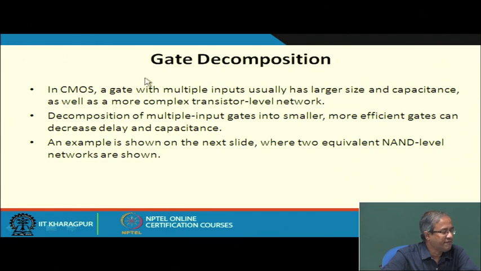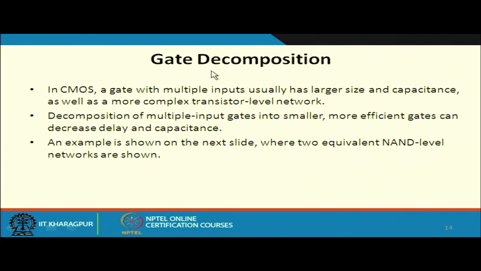One is, of course, if you divide into smaller gates, maybe the overall delay will become less, and also for a larger gate your MOS level, transistor level network can be very complex. There will be more capacitive effects involved, delay will be larger, but if you can break it up into smaller gates, that can be advantageous in some cases. Okay.